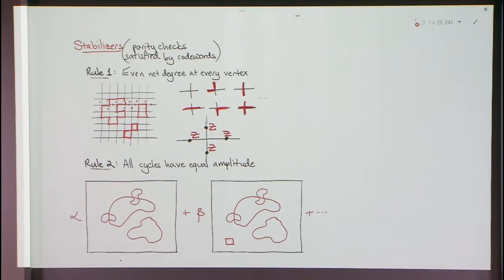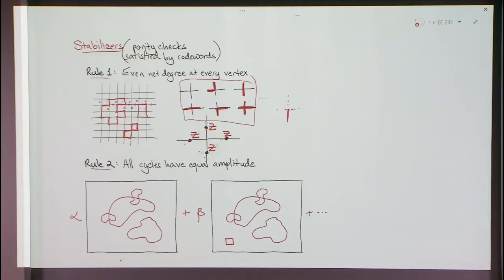You can enforce that by putting, for every vertex in this lattice, a Z stabilizer Z tensor Z tensor Z tensor Z on the 4 incident qubits. That measures the parity of those 4 qubits and forces it to be even. So these kinds of diagrams are allowed. A diagram with a dead end would not be allowed, because you have to be in the +1 eigenspace.